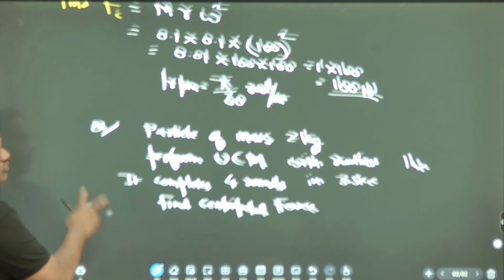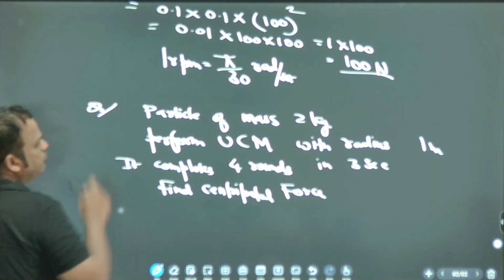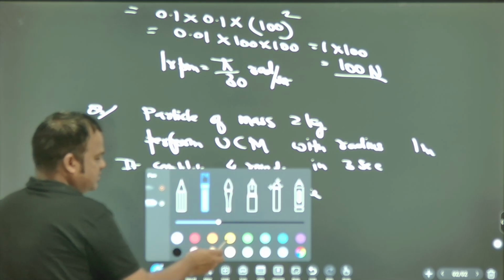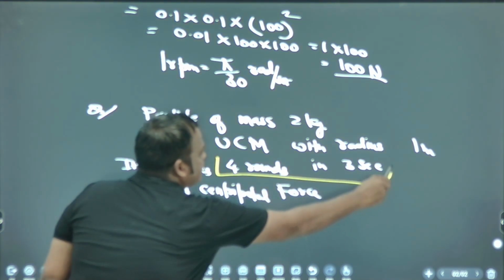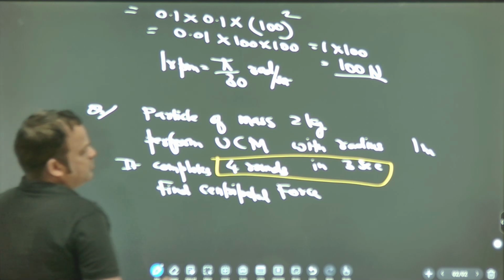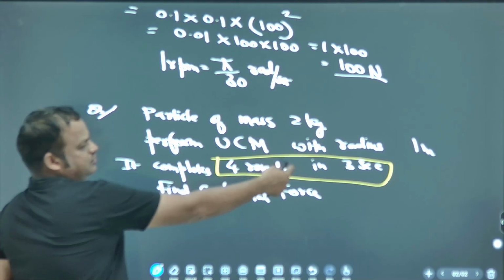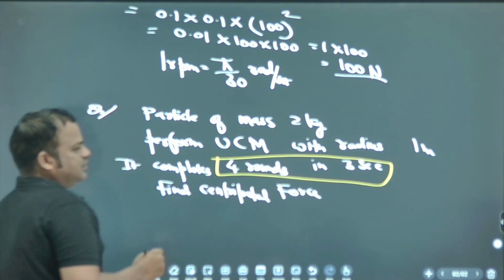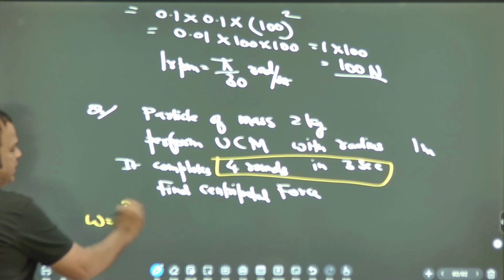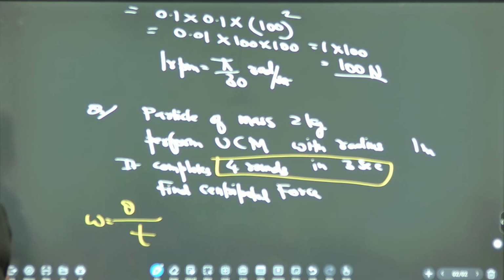How much centripetal force? Mass is given, radius is given, and what is this? 4 rounds in 3 seconds. Indirectly they have given omega, correct? Omega is angle by time.